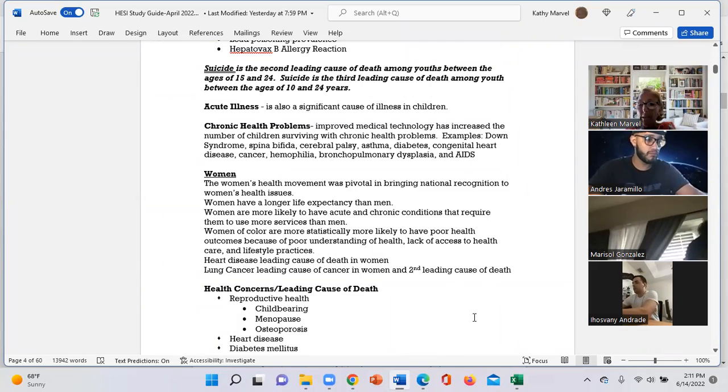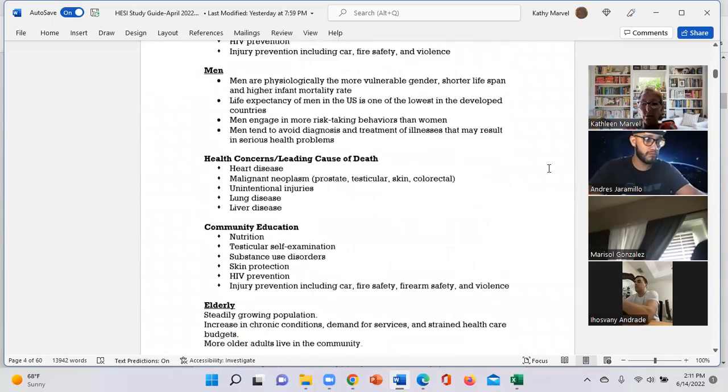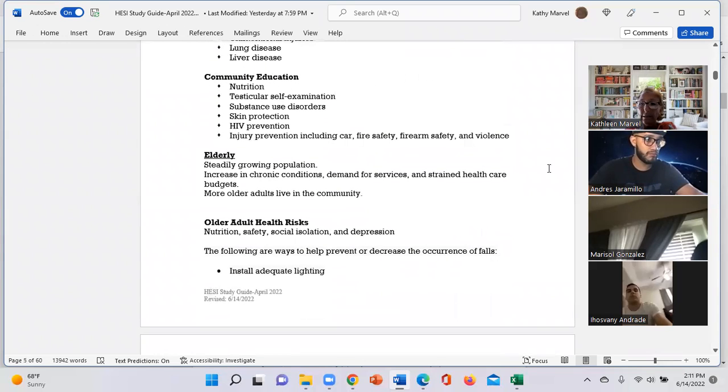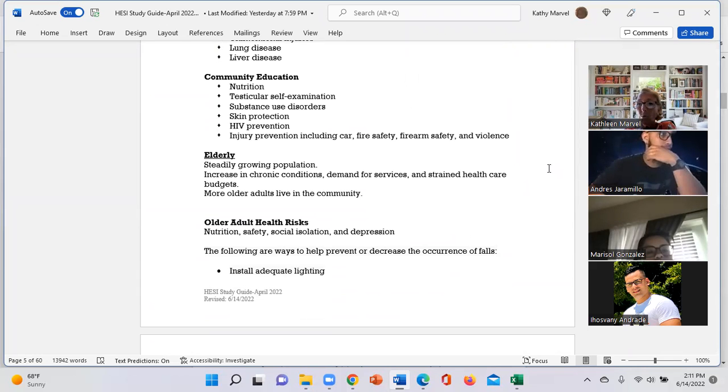We talked about women's issues, men's issues, elderly issues. This section goes through each of those groups and gives you a summary. What are the health risks? What kind of education does this group need?